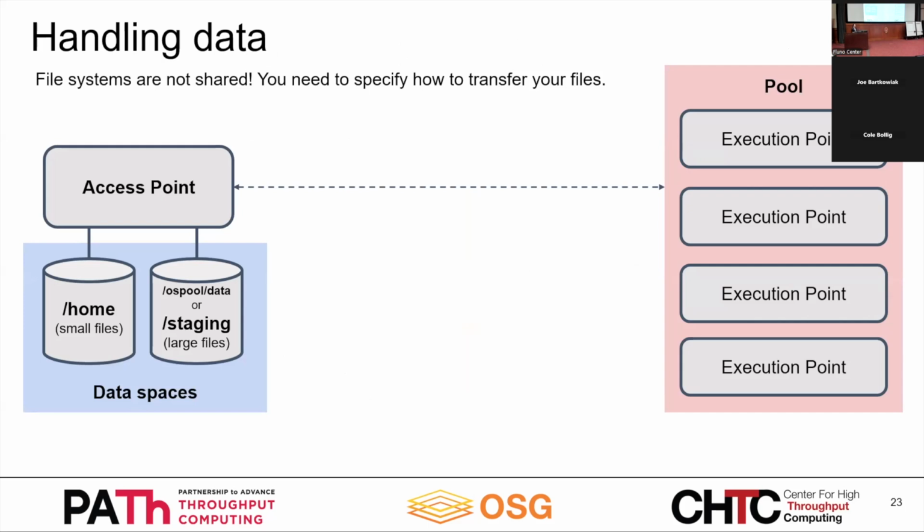So we like to emphasize that the files that you see here on the access point are in a totally separate file system from the execution point. So on home, that's where users store their small files. And then on the OSPool, you'll have another space that is OSPool/data, or on CHTC, this space is called staging, and that's where large files go, like your containers and your big data sets.